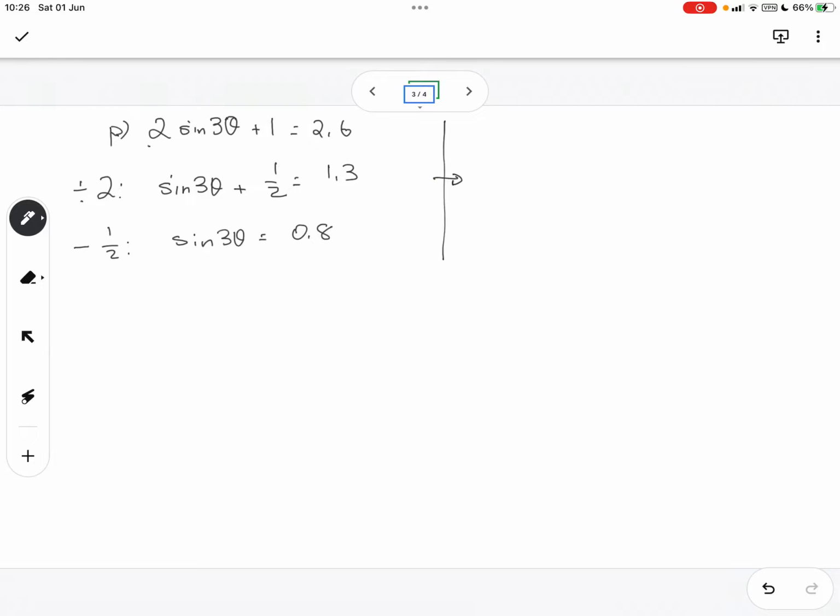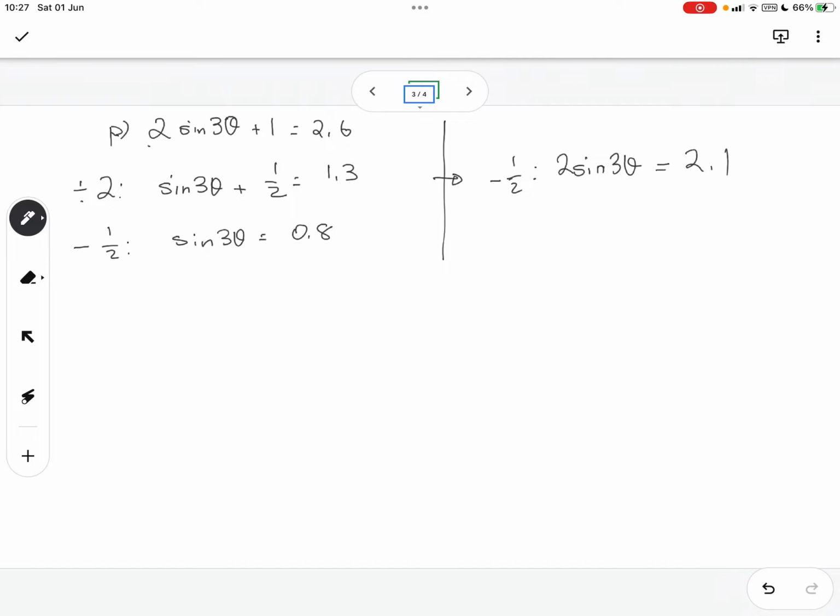Alternatively, from this step, we can say minus a half such that 2 sine 3 theta equals 2.6 minus 0.5. Sorry, I'm minusing 0.5 from 2.6. So the answer is 2.1.